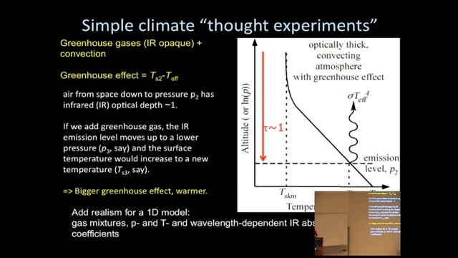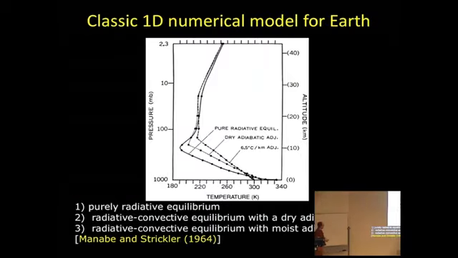But these models have a long history. Back in the 1960s for the Earth is when people really started to do the numerical models, and there was enough information. So in this case, what we're looking at here is the Earth. On this axis is temperature. This is pressure in millibars, 1,000 at the surface, or altitude here in kilometers.